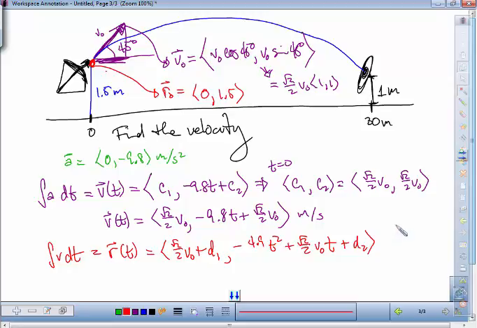And with this business about letting t equal 0 again, we're going to get d1 and d2. Because these are polynomials, they're just going to be equal to the initial positions that we had. So 0 and 1.5.